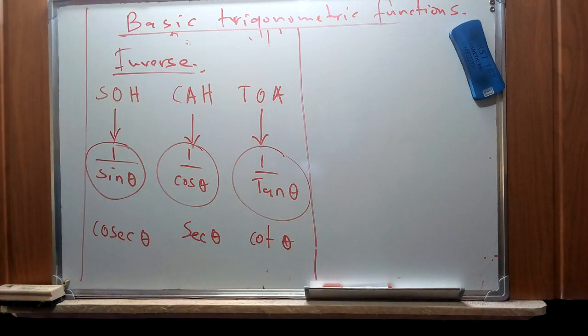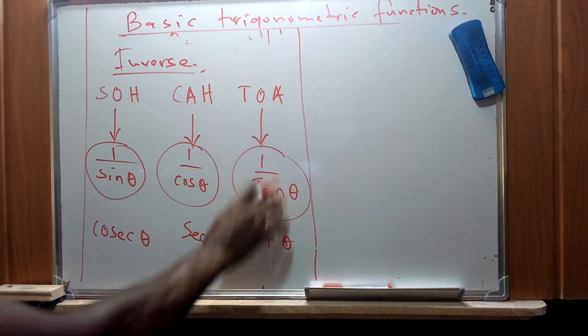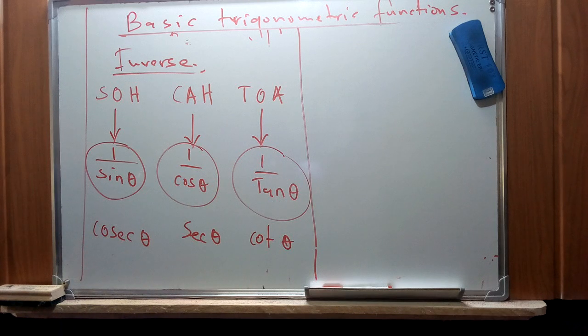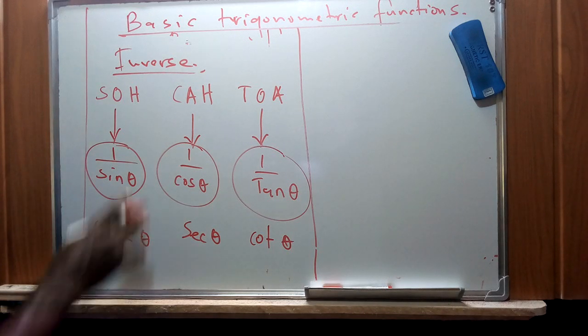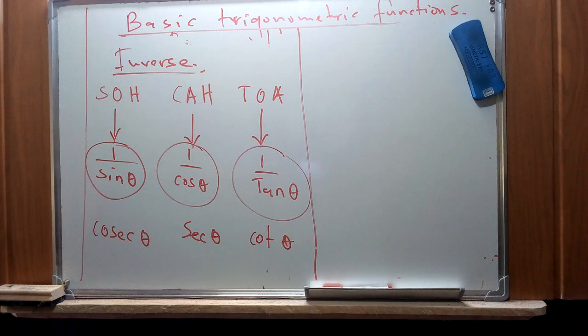So whenever someone mentions the cot of theta, it refers to 1 over the tan of that. The relationship that exists between these different trigonometric functions can be applied in order to find unknown angles and distances.